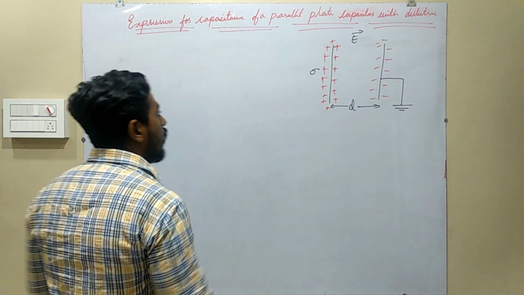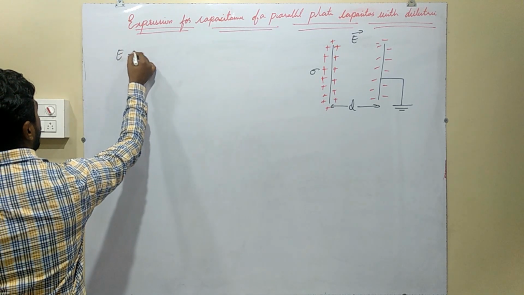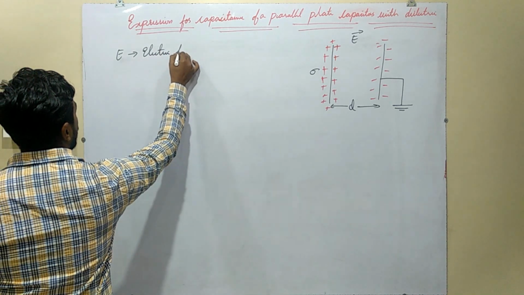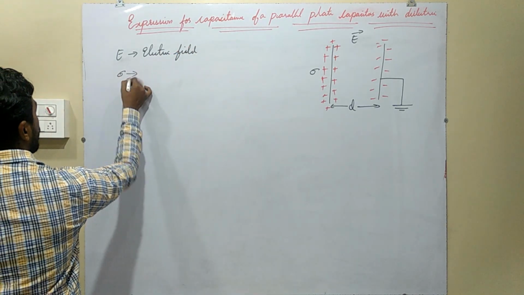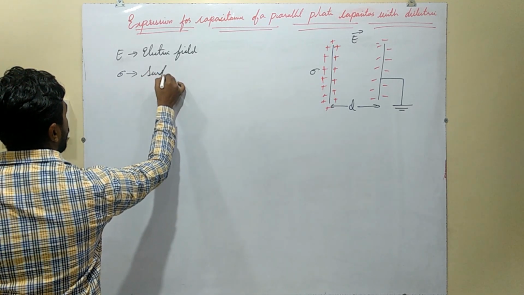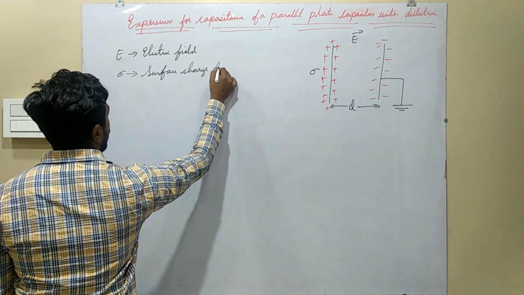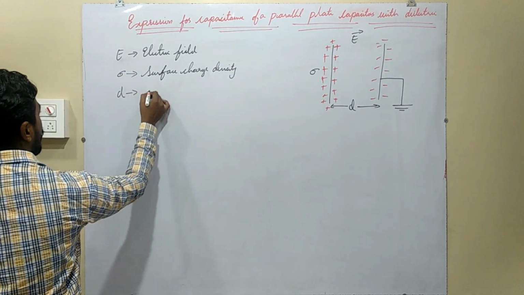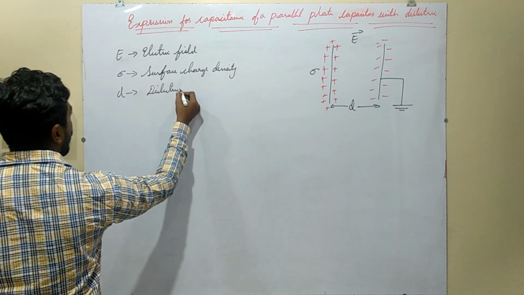As I told you, E is electric field, sigma is surface charge density, and D is the dielectric or dielectric medium.